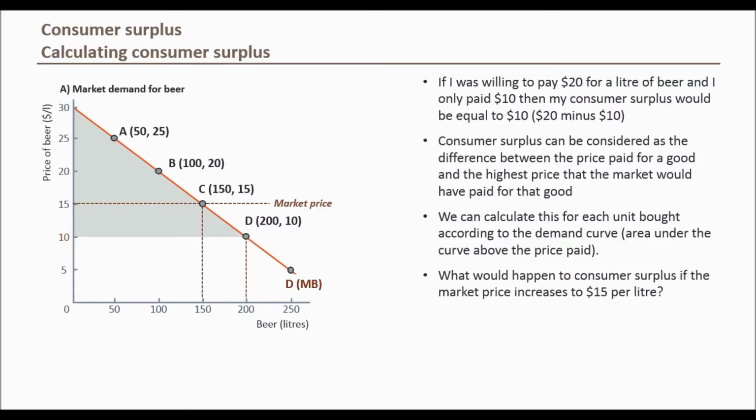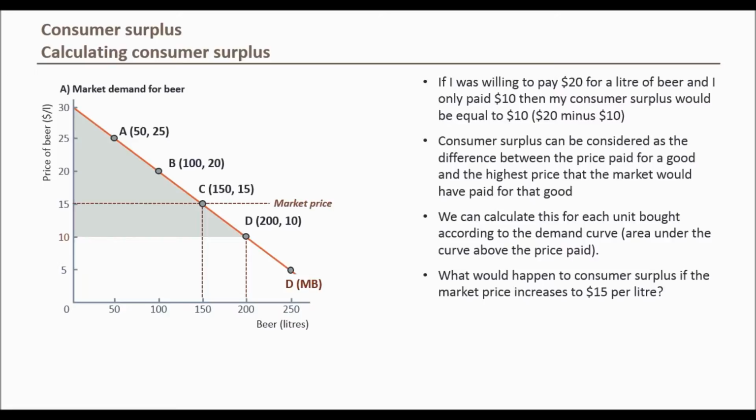At $15 per liter, the demand curve tells us that only 150 liters will now be purchased. So if the price increases to $15 per liter, then all those consumers who were previously experiencing a consumer surplus, because they were willing to pay more than $10 per liter but less than $15 per liter, are no longer benefiting from the old $10 price level.